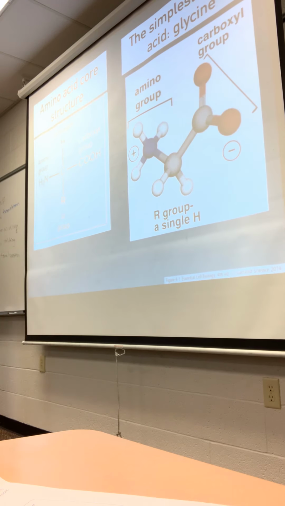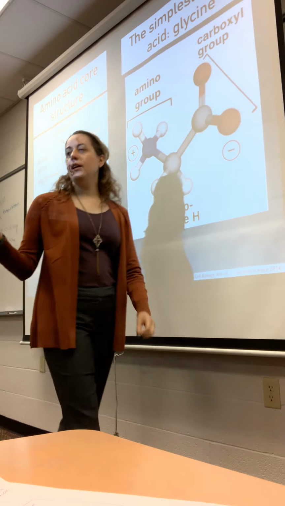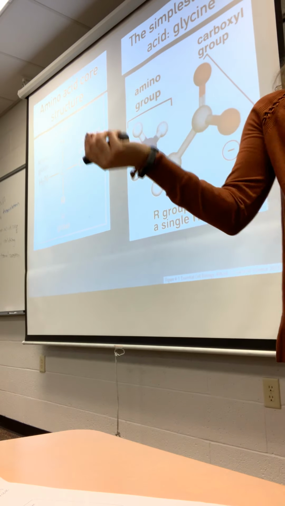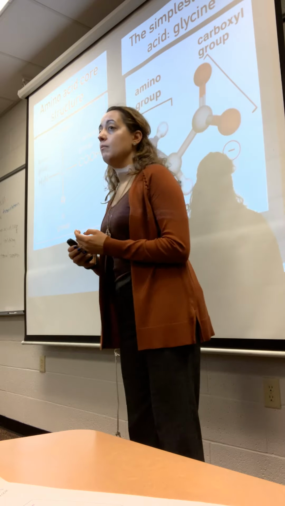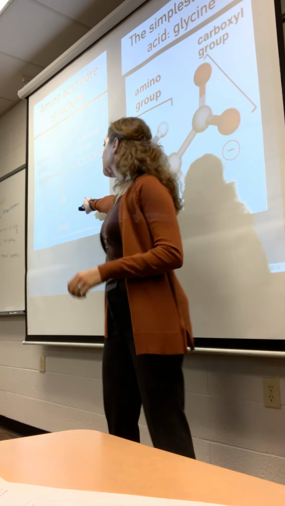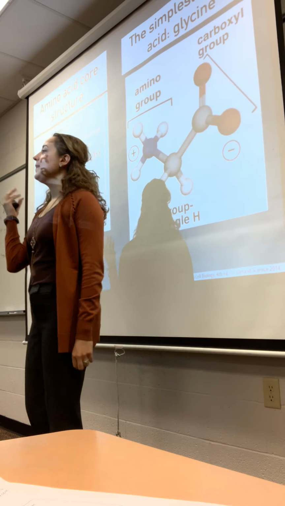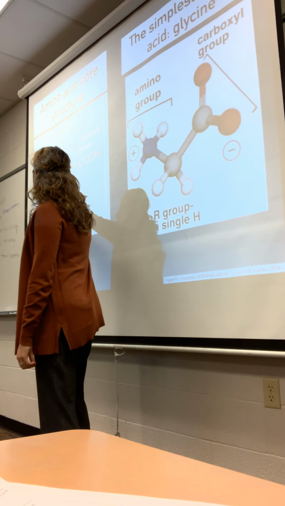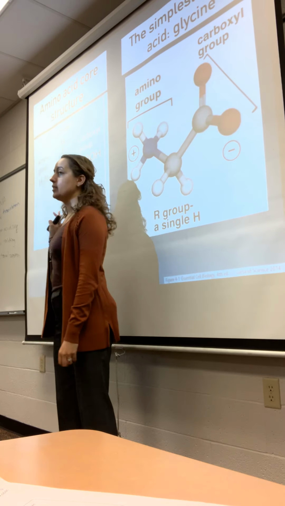Does anybody remember what an R group is? Like what identifies the... It's what gives the individual amino acids their different identities. So an R group in general, if you're a chemist or a fan of chemistry, means that you could put a bunch of different chemical groups here, but the rest of them would stay the same.